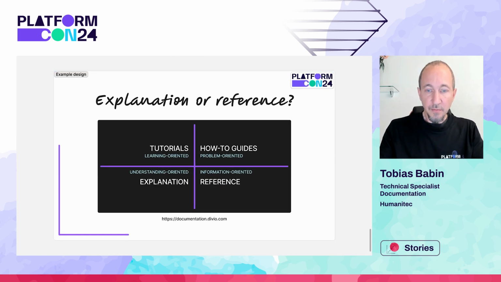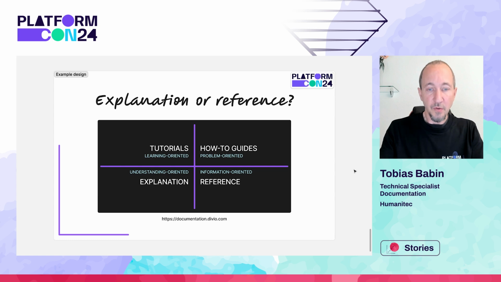One thing you need to make a decision on is what type of documentation do you want to provide. This doesn't only affect examples, it covers any type of documentation that you create. There's a number of taxonomies out there that describe the various types of documentation.